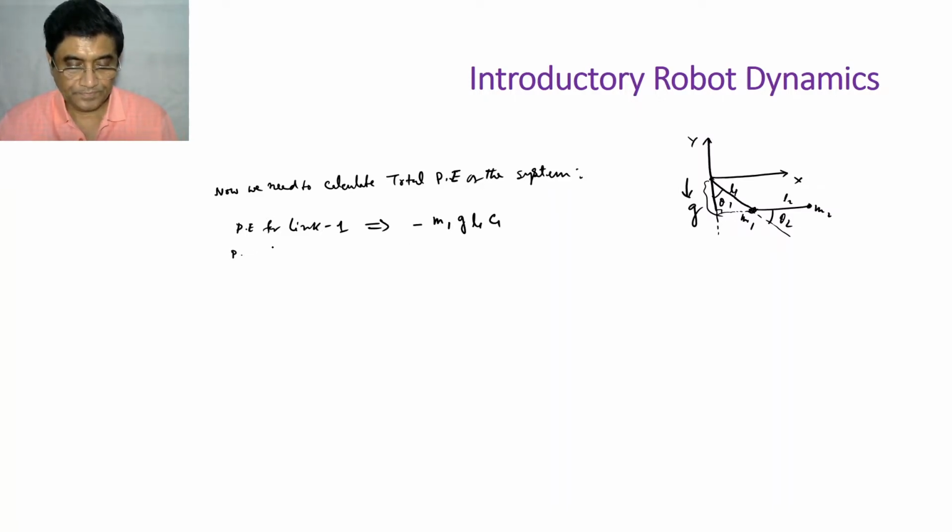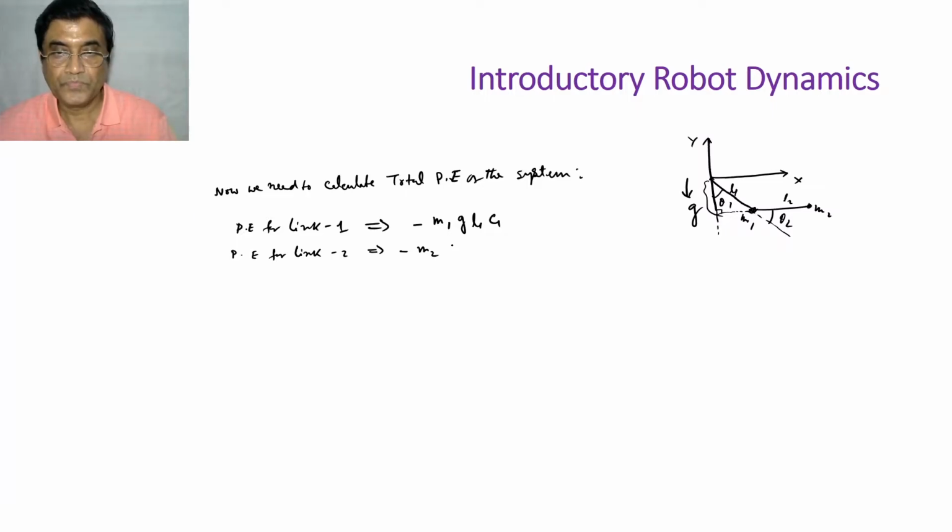Similarly, potential energy for link 2 will be equal to minus M2 G L1 cos theta 1 minus M2 G L2 cos theta 1 plus theta 2, isn't it?